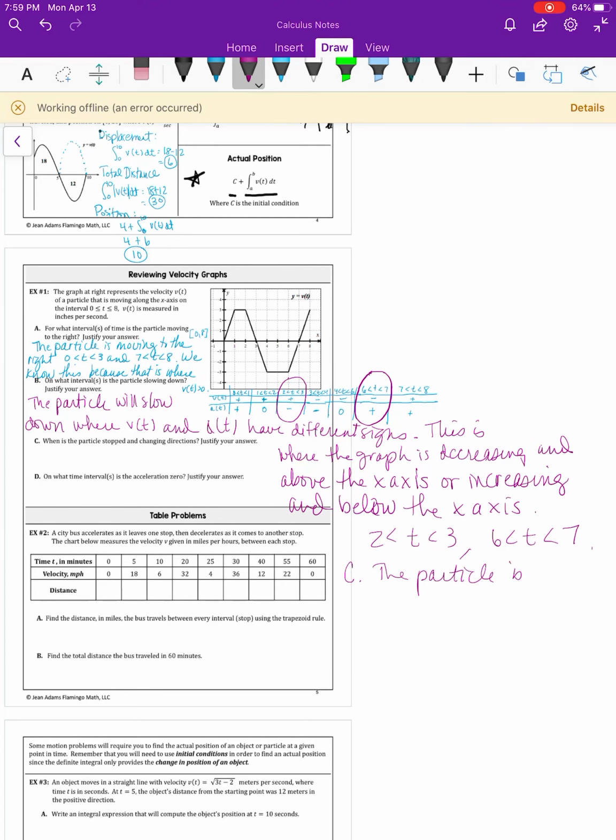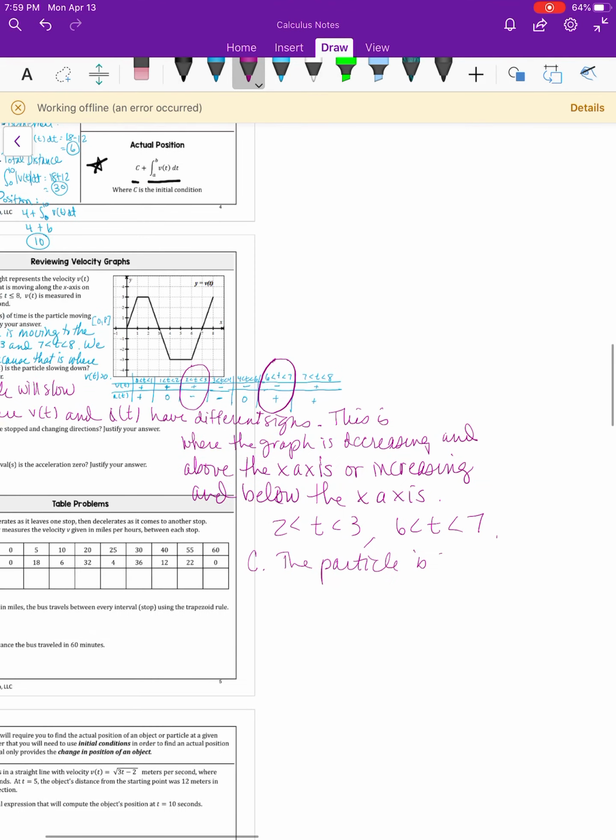So when is the particle stopped and changing direction? Justify your answer. So for part C, the particle is stopped where v of t is equal to 0.